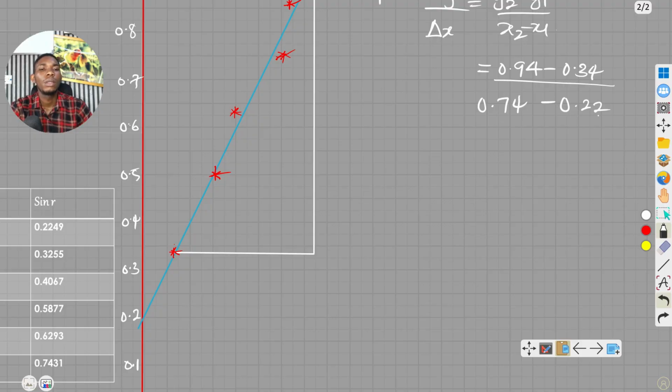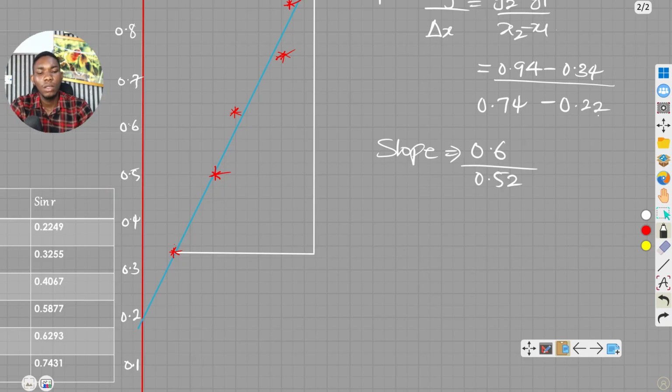Now if you punch this in your calculator, it's going to give you the answer for the slope, which is 0.94 minus 0.34. What would that give to you? 0.6 divided by 0.74 minus 0.22. That will give us 0.52.